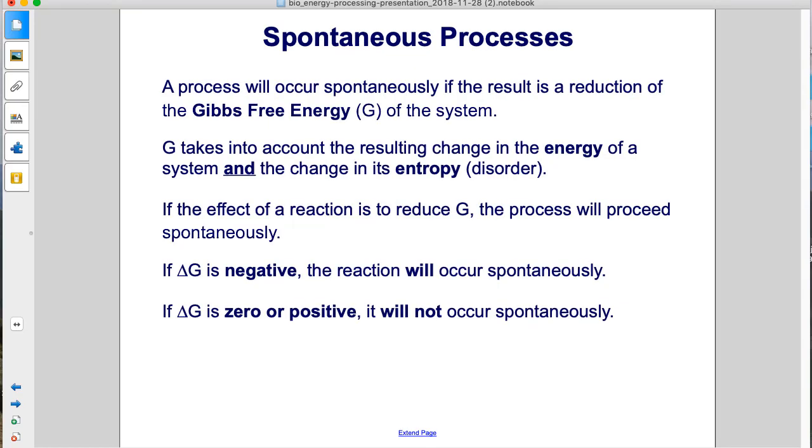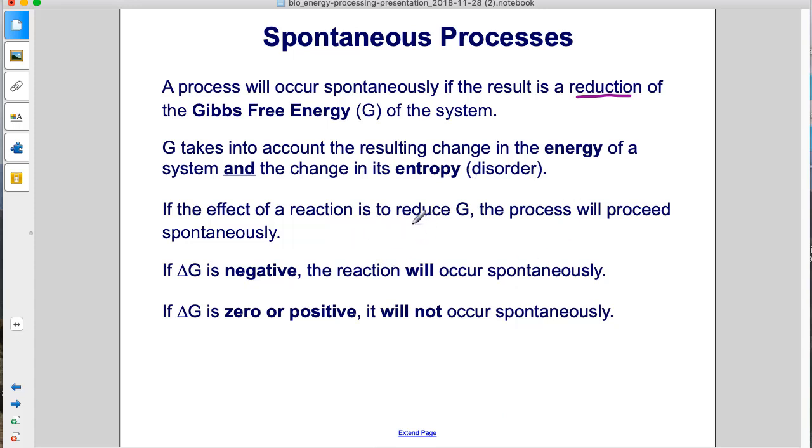Spontaneous processes. A process will occur spontaneously if the result is a reduction of the Gibbs free energy in the system. Gibbs takes into account the resulting change in the energy of a system and the change of its entropy, or disorder.